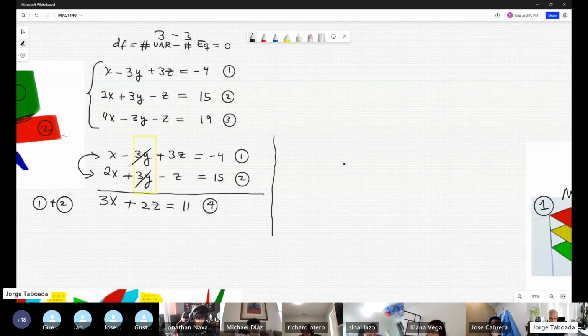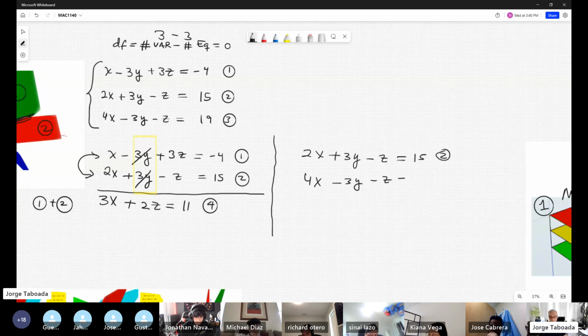So I copy in my paper equation 2 and equation 3. Okay, 4x minus 3y minus z equal 19. Equation 3.